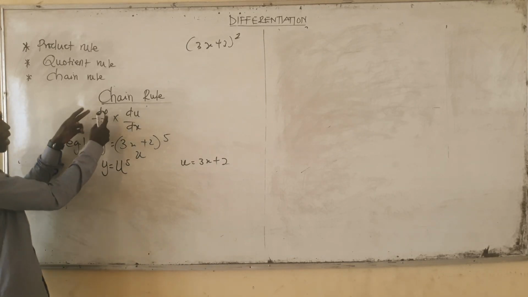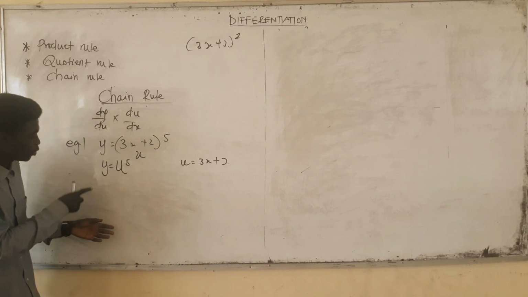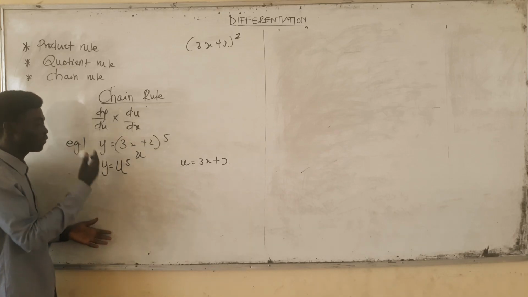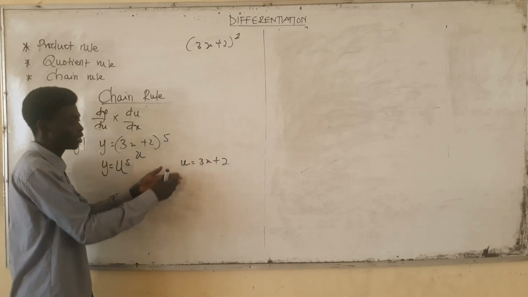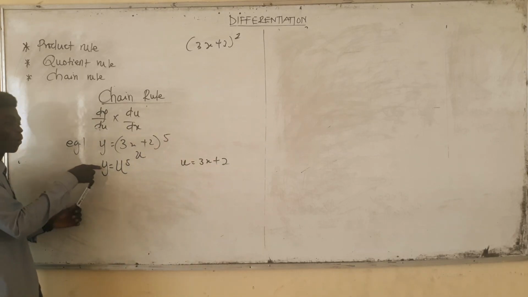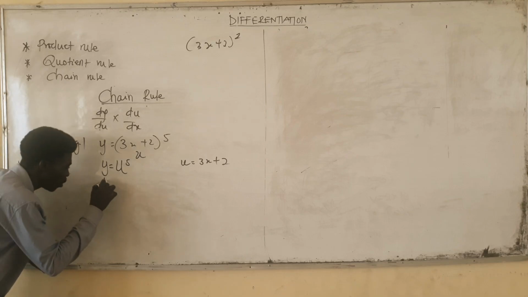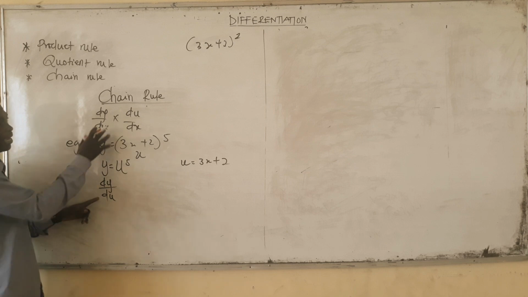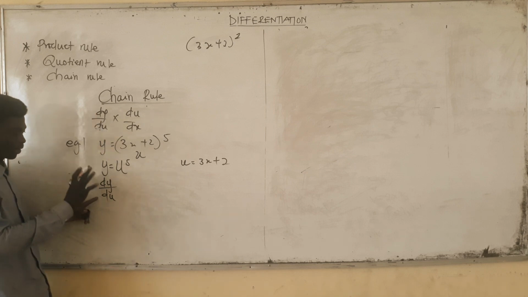Now we have our dy/du times du/dx, and you have your y and your u. So all that is left for you is to differentiate y with respect to u and differentiate u with respect to x.